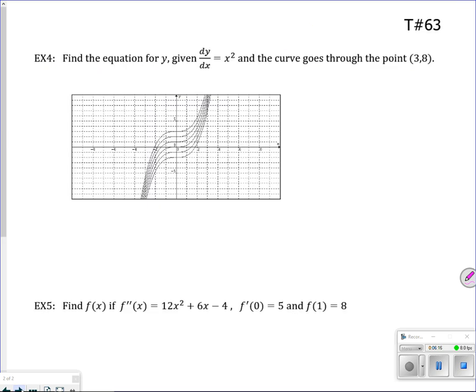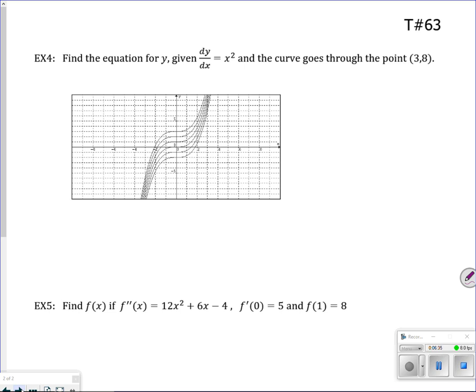Let's look at the back. So the back says, find the equation for y given dy/dx is x squared and through the point (3, 8). Well, this is an example of something called a differential equation. And how are you going to solve that?